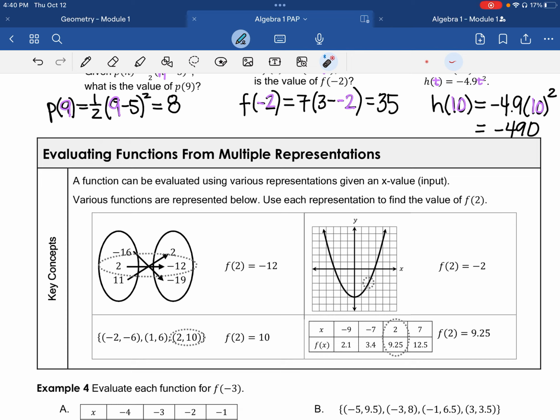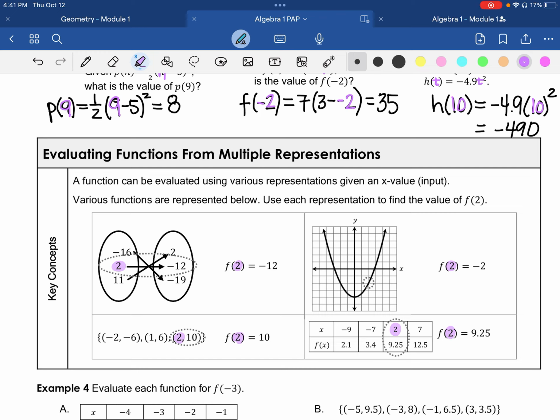So once again, we're given the x value of positive 2, and we're finding that in the given function.